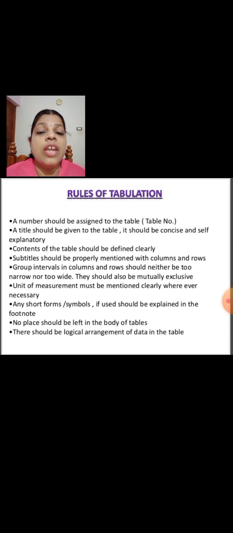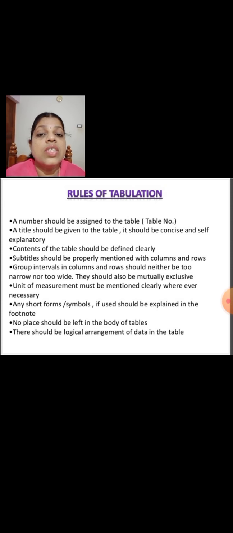It should explain for what purpose we have formed the table. The third one is, the content of the table should be defined clearly. We know that certain variables will be included, and the content should be defined clearly in the table.